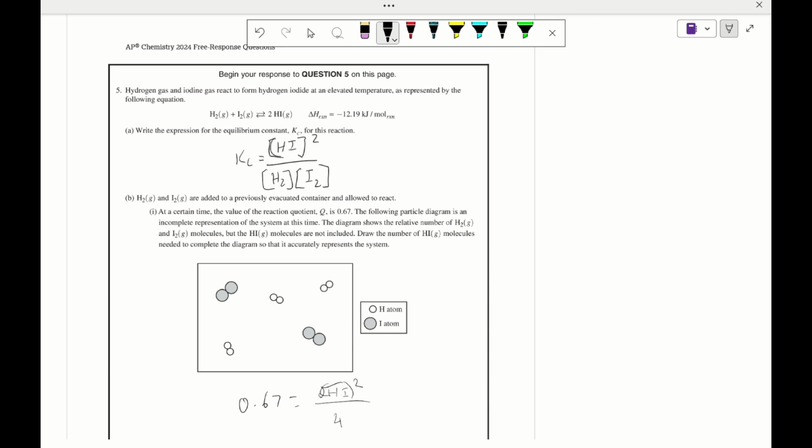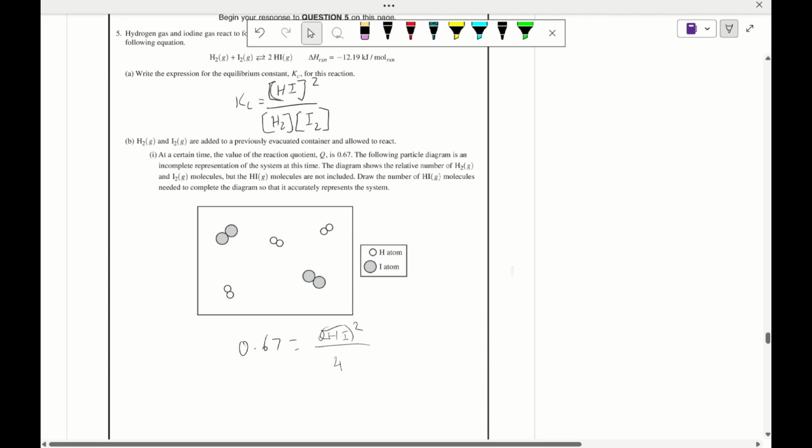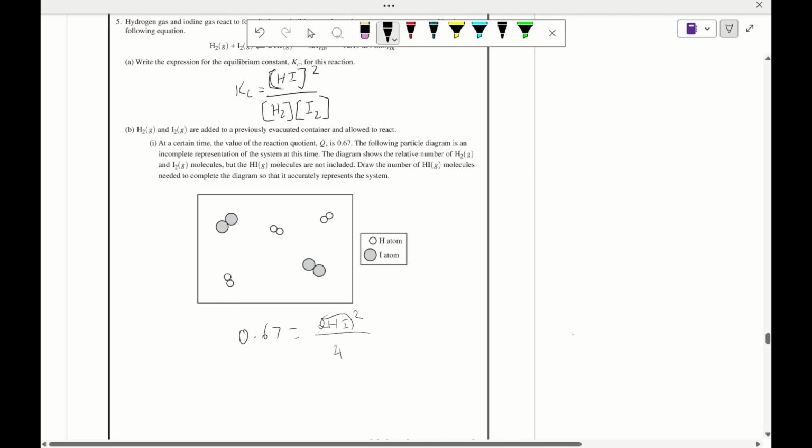Then we get 0.67 times 4, or sorry, you have 3 times 2, so you have 6. You would have 6 times 0.67, which would give you about 4. Why do I keep writing a square root sign? HI squared. And then you square root the 4, and you get 2 HI's.